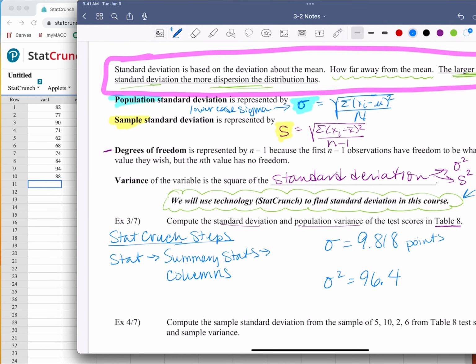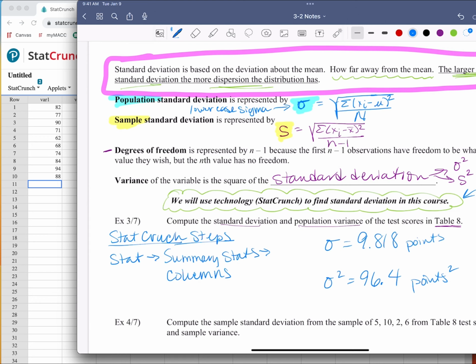Well, every standard deviation that I'm talking about here is rolling 9.8 points away from the mean. 9.8 points to the right and to the left. And your variance, because it is squared, so is your unit. So your variance is 96.4 points squared. And again, we'll talk more about that as we get into it. I just want to make sure that for right now, you can kind of see what's going down with this.